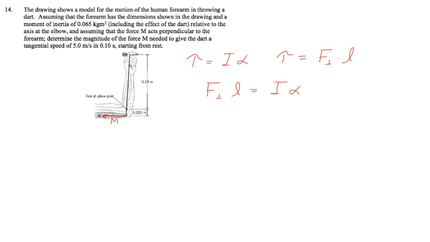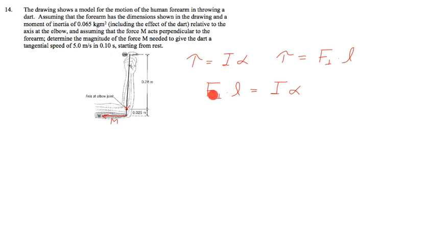And my pivot point is right there. So if I look at the picture here, the muscle is the force perpendicular. The L is the 0.025 meters from where the muscle is applied to the pivot point.